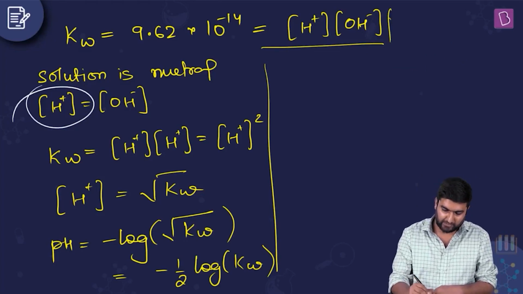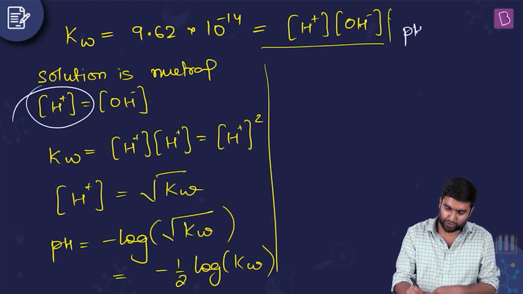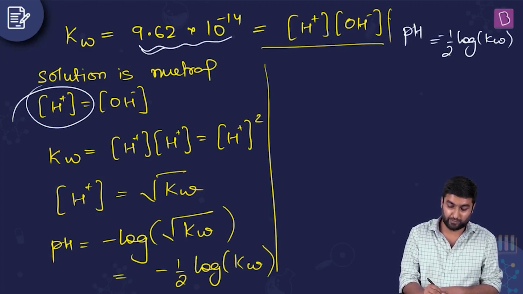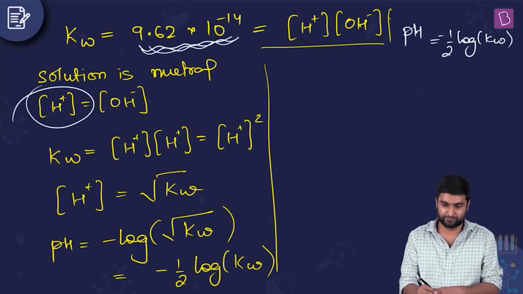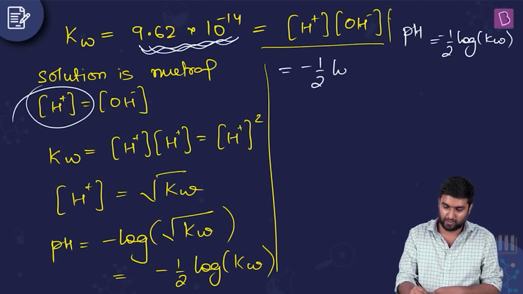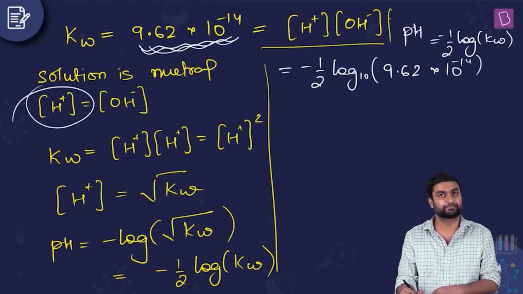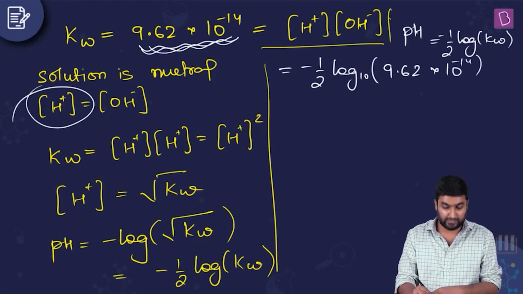So pH is equal to minus half logarithm of Kw. What is the Kw value? This much, 9.62 times 10 to the power minus 14. So pH is equal to minus half logarithm to the base 10 of 9.62 multiplied by 10 to the power minus 14. Let's solve it out.